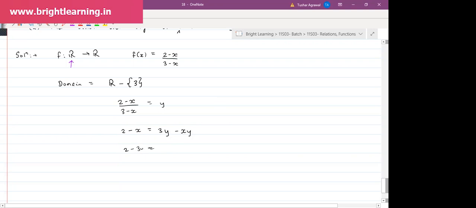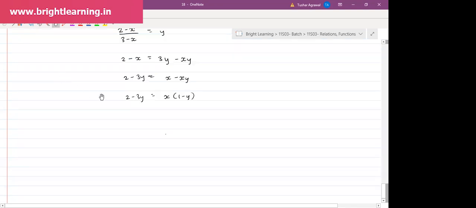So now 2 minus 3y is equal to x minus xy, which is equal to x times 1 minus y. So x is equal to 2 minus 3y upon 1 minus y.